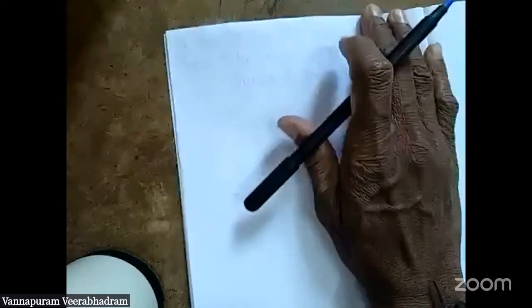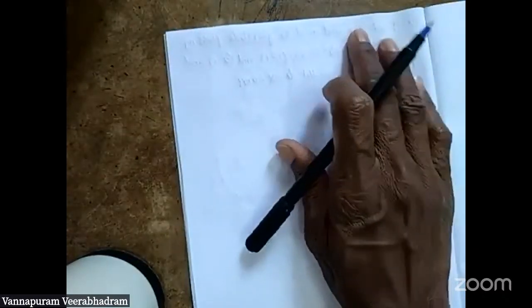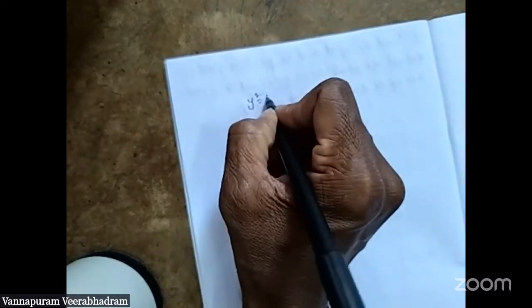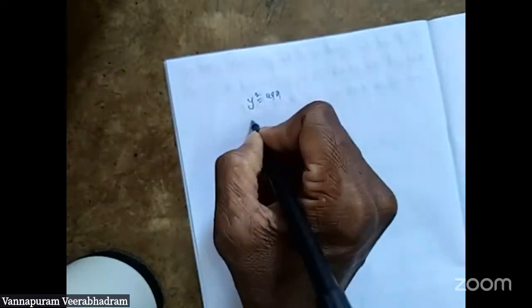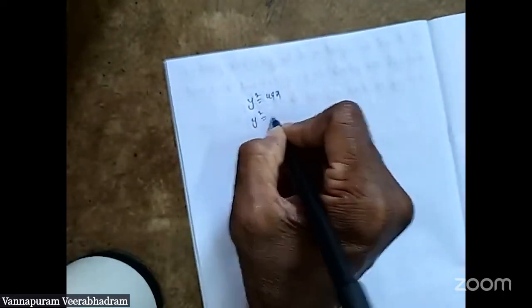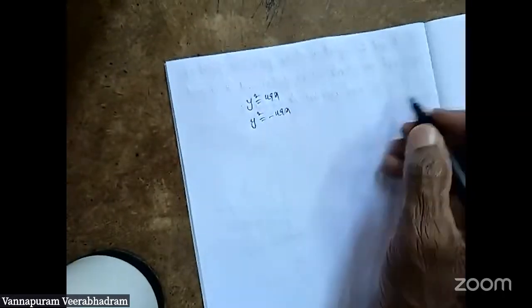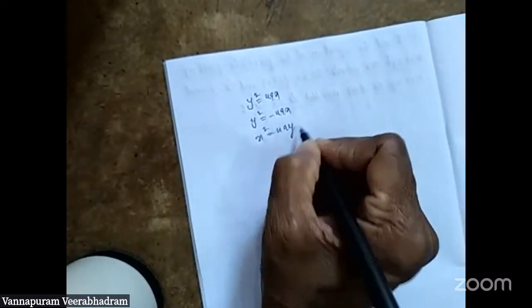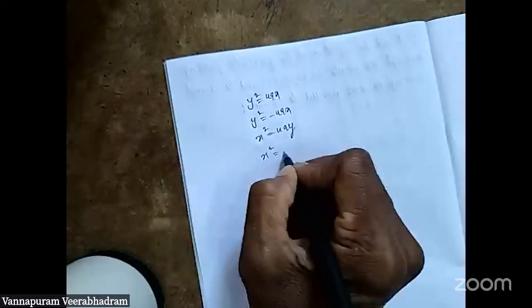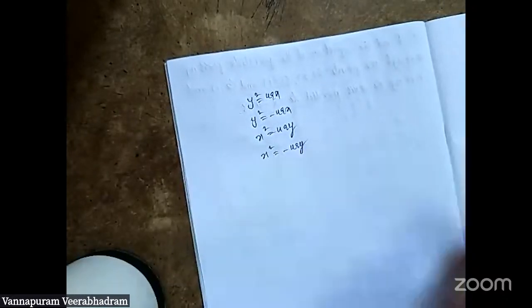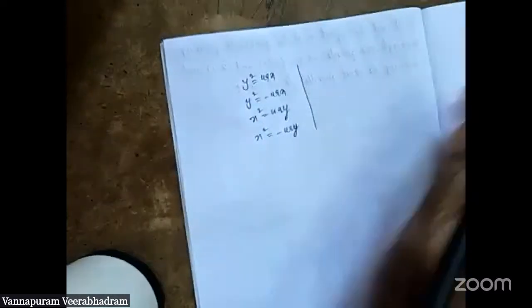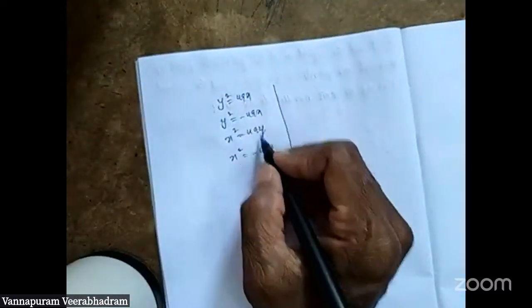Yesterday we discussed the various forms of the parabola. They are, first one is y square equal to 4ax, y square equal to minus 4ax, x square equal to 4ay, x square equal to minus 4ay. For these cases, the vertex is origin.